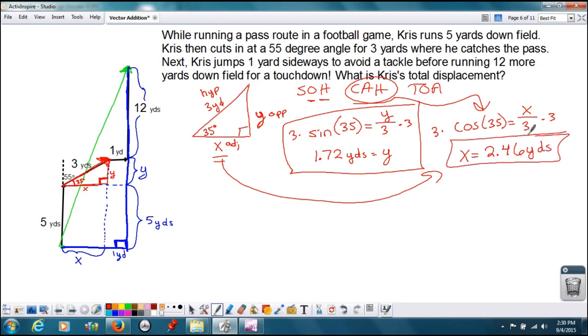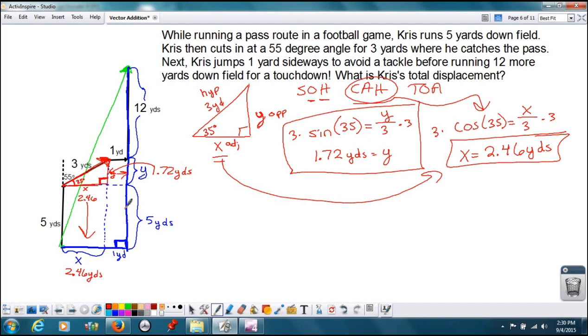Going to go ahead and place these back into my picture here. So y is 1.72. X is 2.46, which I can come down here, 2.46 yards. That was here, which is also there.